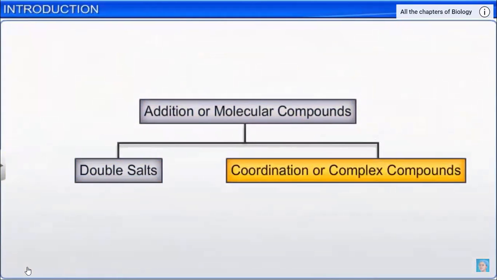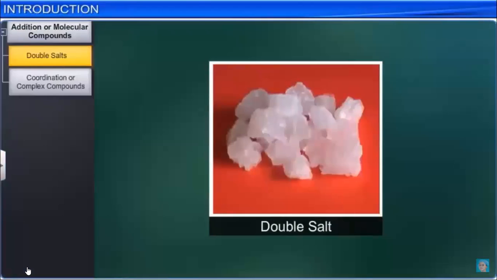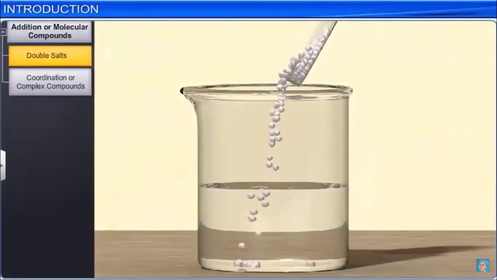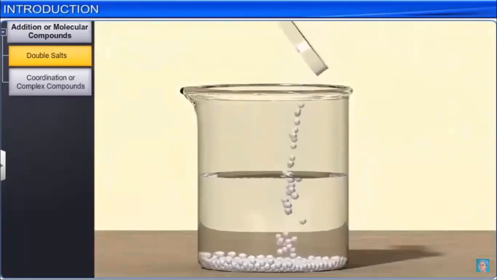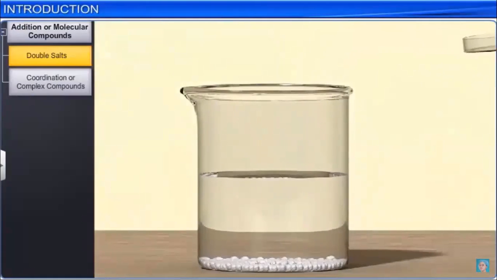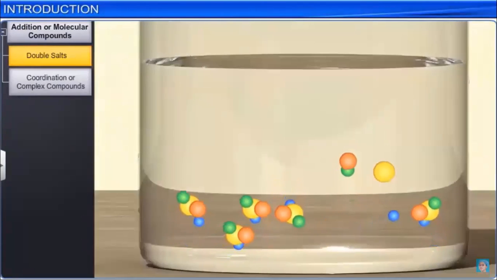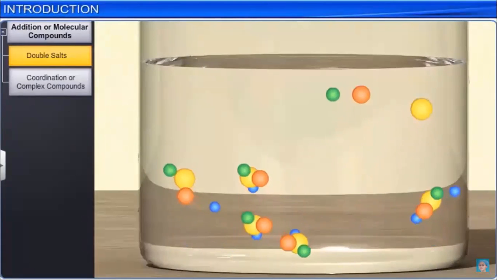Double salts are molecular compounds that are stable in the solid state, but break down into individual constituents when dissolved in water. Note that the individual properties of the constituents are not lost in these compounds.